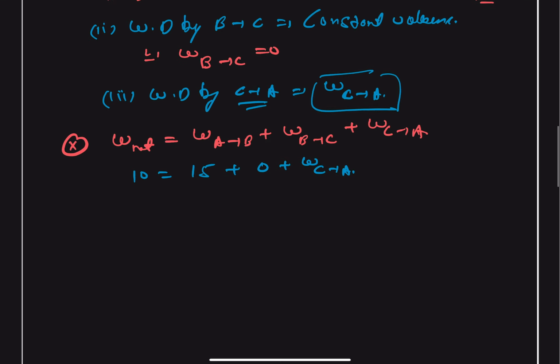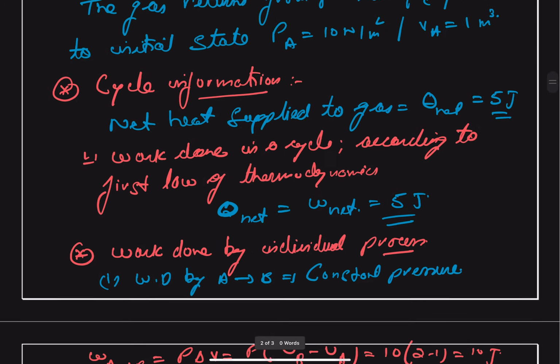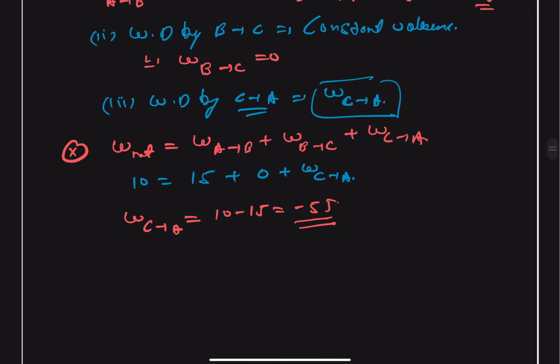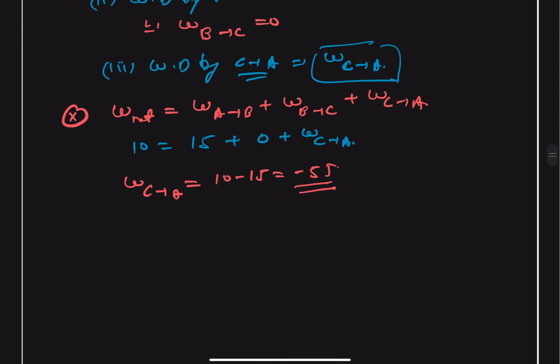So from here the work done from C to A will be equal to 5 minus 10, which comes to minus 5 joules. So the options that are given to us, option A is the correct option. So this completes the question. Thank you.